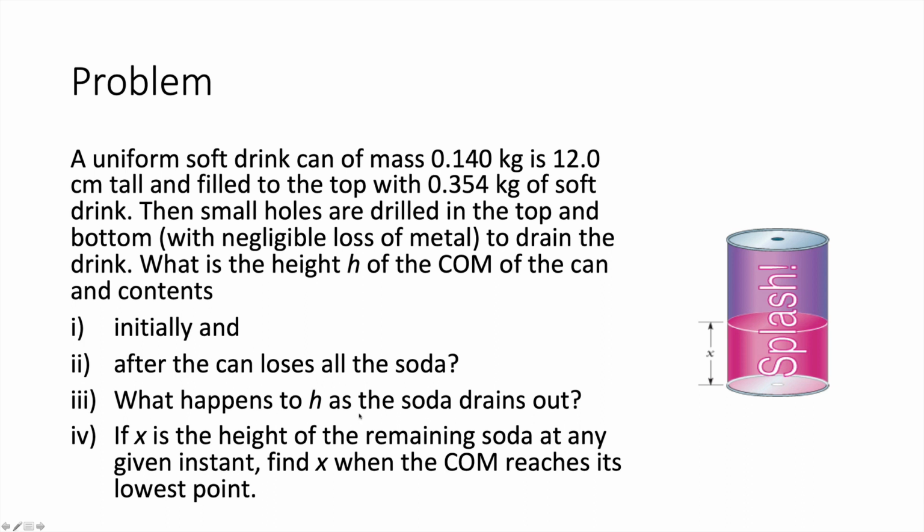And then what happens to h as the soda drains out? And finally, if x is the height of the remaining soda at a given instant, find x when the center of mass reaches its lowest point. So we've got a uniform soda can, so let's sketch it like this.